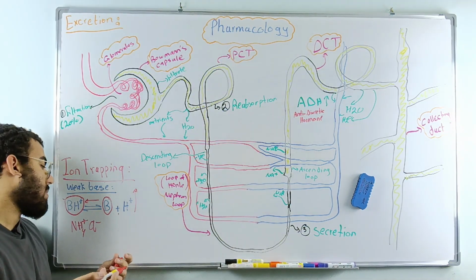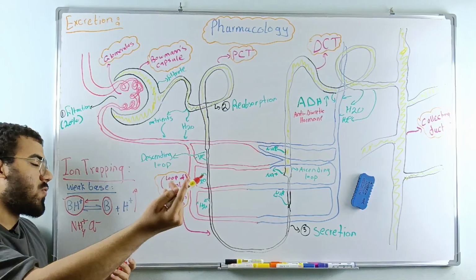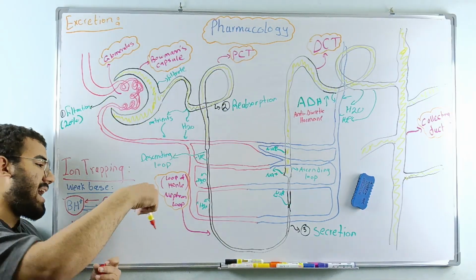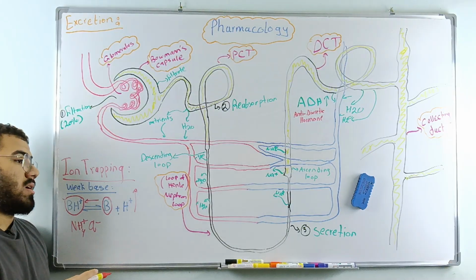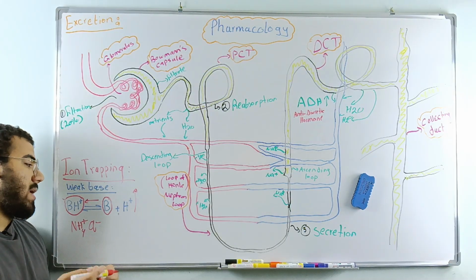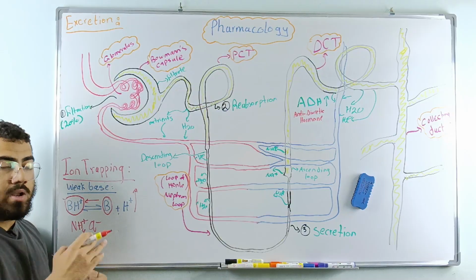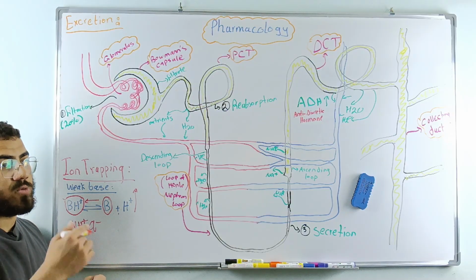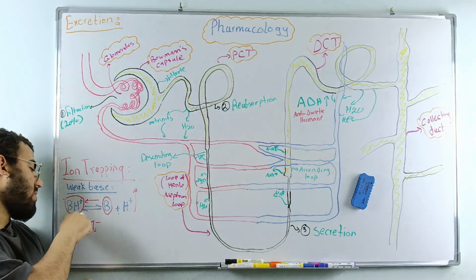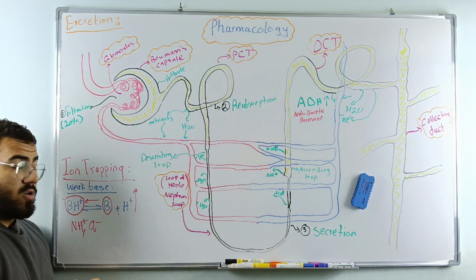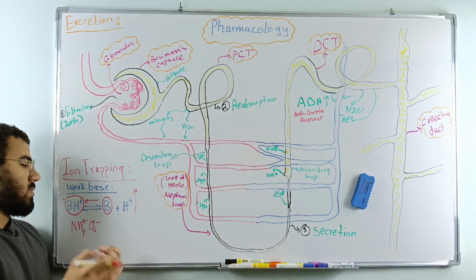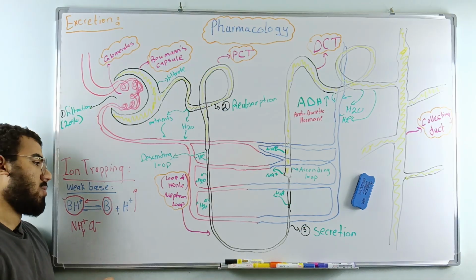We call it ion trapping because, in the case of weak acids, we're trapping the A negative that we have written, which is the form that we need to keep in order to prevent the drug from getting reabsorbed. And here we're trapping this ion in order for the drug to not get reabsorbed inside the blood vessels, and we explained the mechanism of both cases.